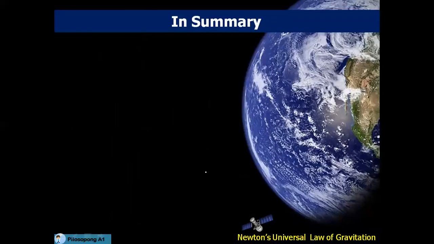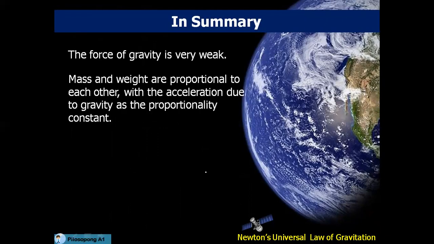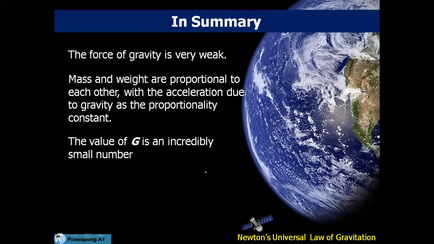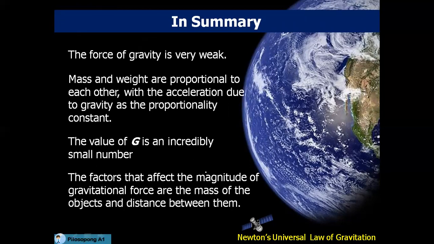So in summary, what have we learned in this law? Number one, the force of gravity is very weak. Second, mass and weight are proportional to each other, with the acceleration due to gravity as the proportionality constant. Third, the value of G is an incredibly small number, as suggested and proven by Henry Cavendish.